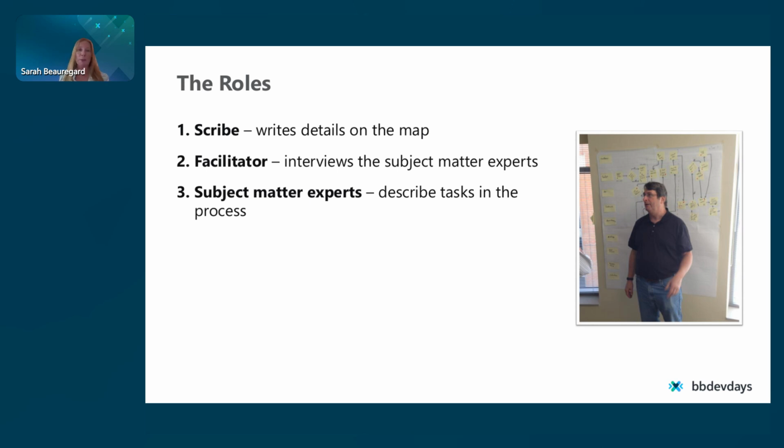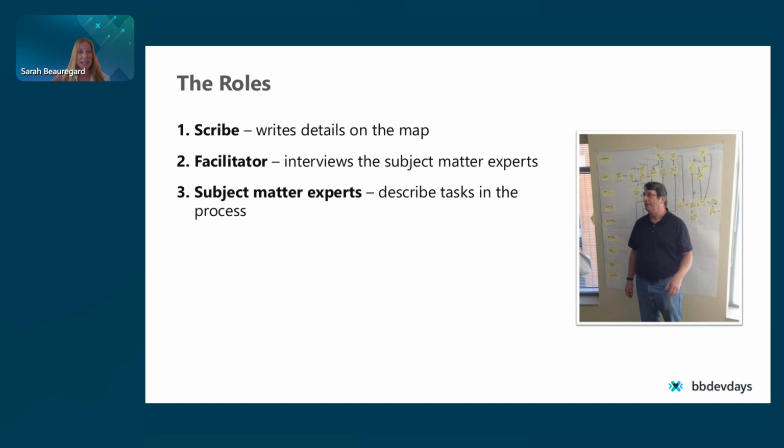This is the person that's going to facilitate interviewing the subject matter experts, or basically asking the subject matter experts questions about the activities that they perform in the process today. And those subject matter experts, again, are the people that perform the work, so they best know how it works today. We're going to ask them to describe the tasks in the process as they work in our current state. All right.